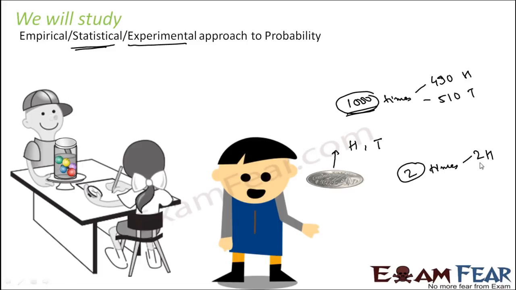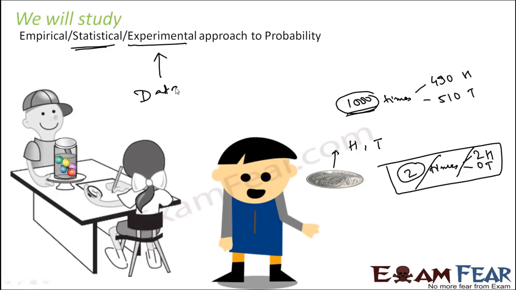Then the probability of tail comes out to be 0, and the probability of head comes out to be 2 by 2, that is 1, and that is not correct data. So in the experimental approach to probability, the data should be large enough. If the data is small, you will not get accurate results.